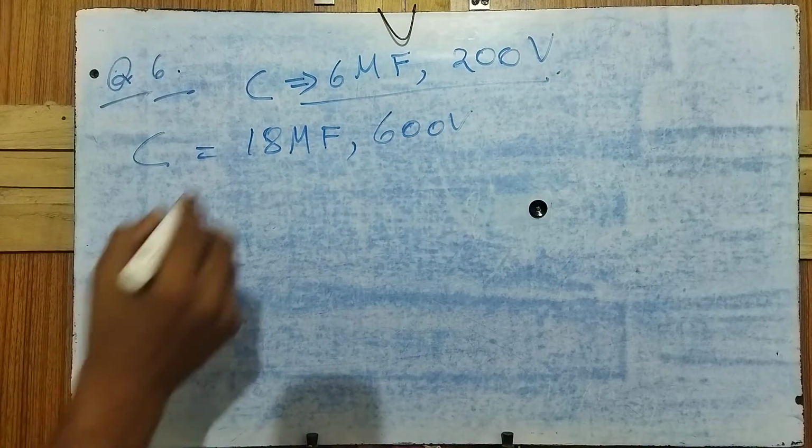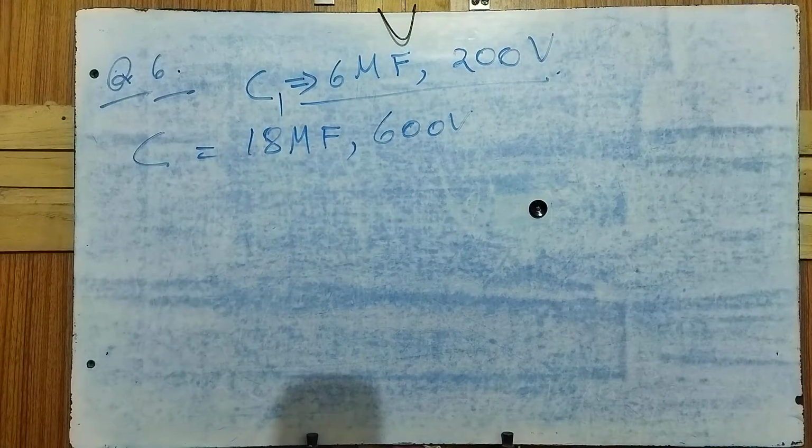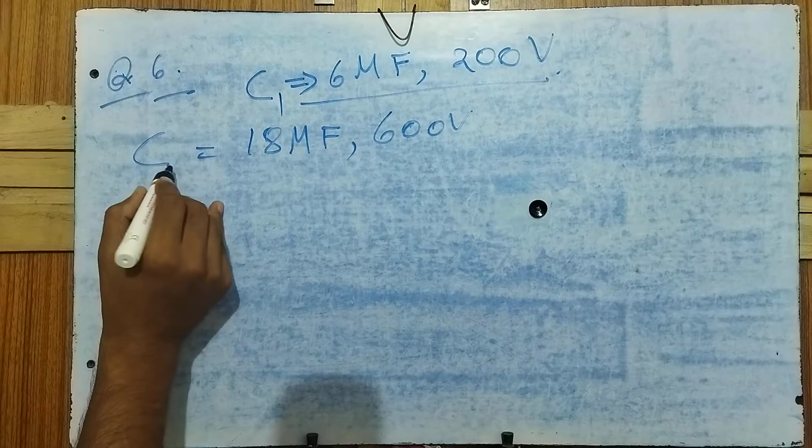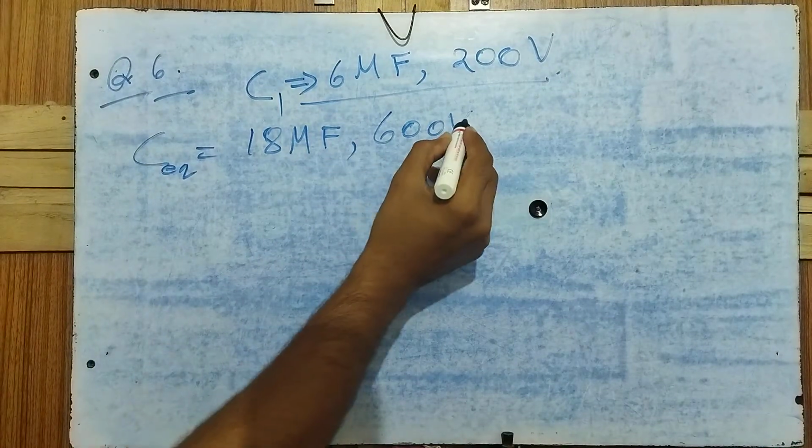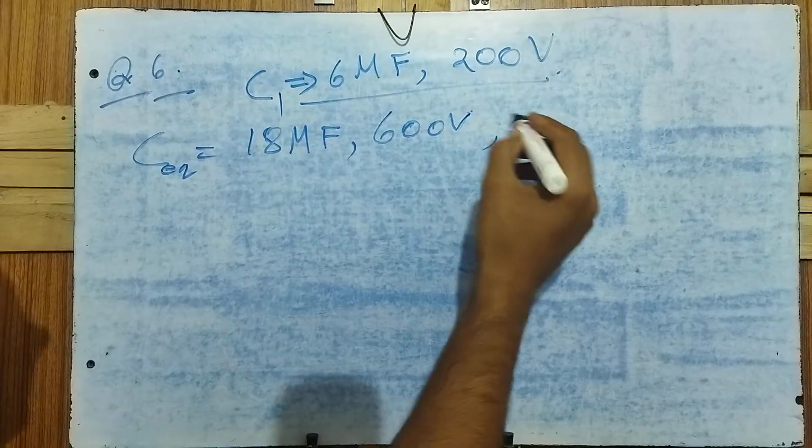So using C1, let this be C1, 6 microfarad having 200 volt, we will have to make this C equivalent 18 microfarad 600 volt. So how many C1 will be used?